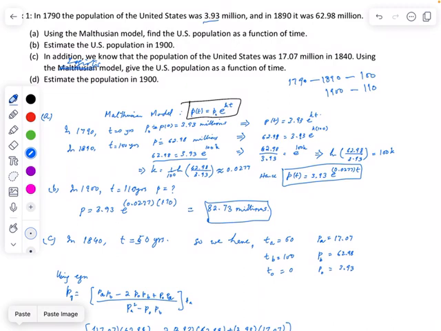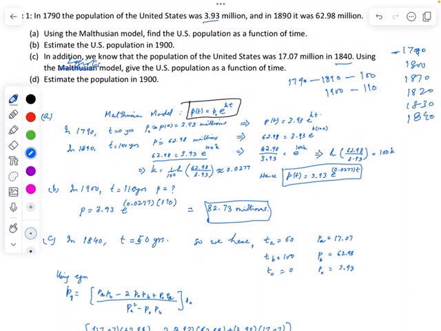We have 1840, so we have to think about what is t in 1840. Again, 1790, then you add 10, so you get to 1800, 1810, 1820, 1830, and 1840.